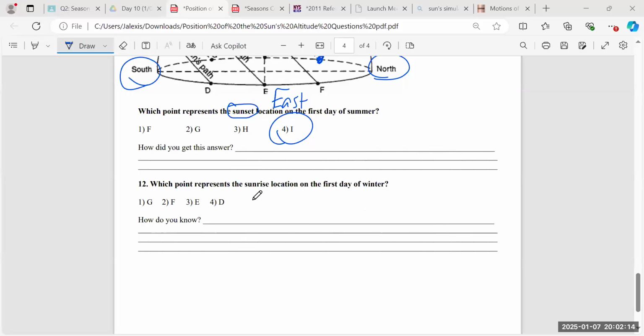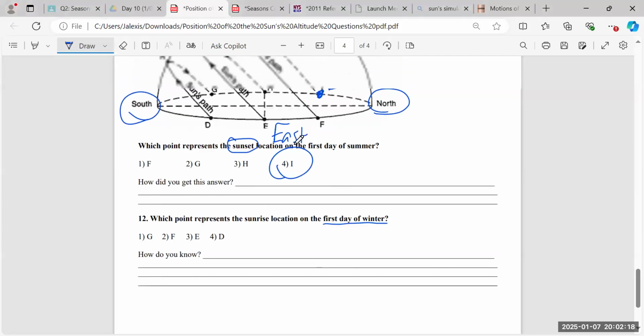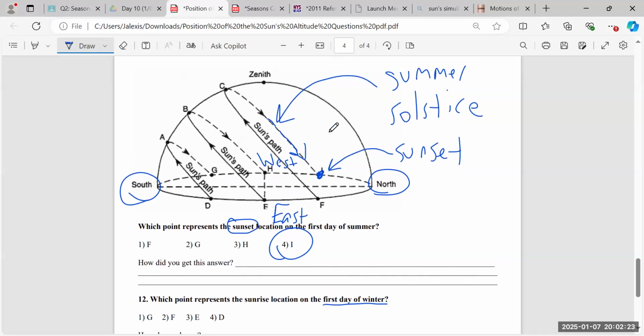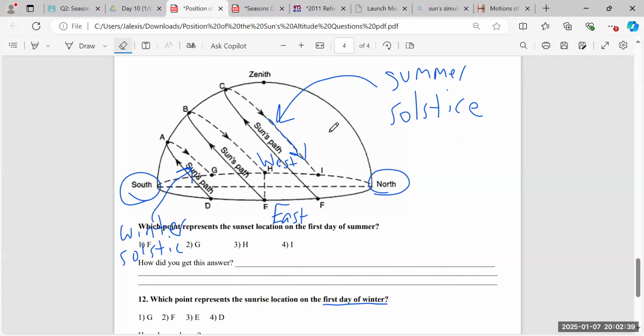Which point represents the sunrise location on the first day of winter? Well, if the highest path represents the summer solstice, then the lowest path represents the winter solstice. All right, let me just cross this out right here.